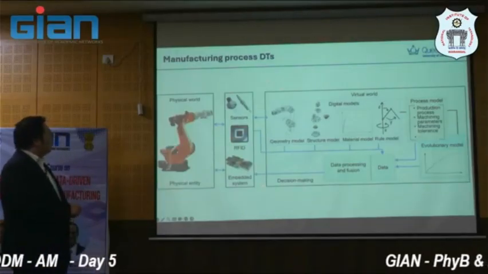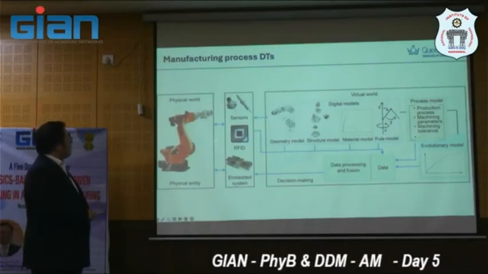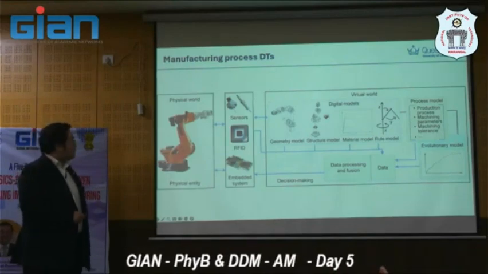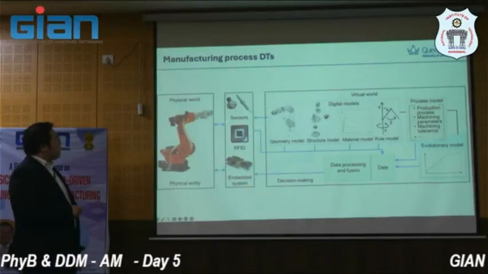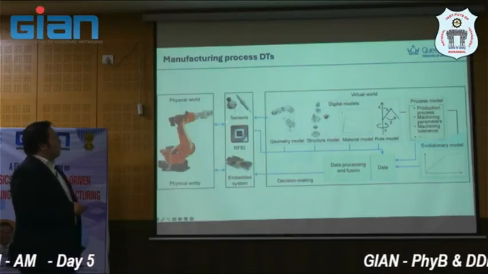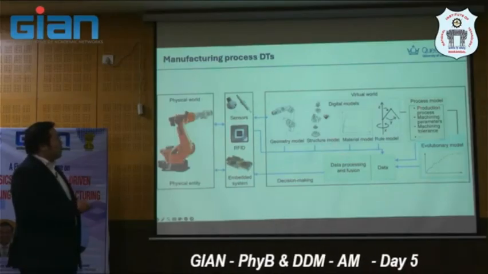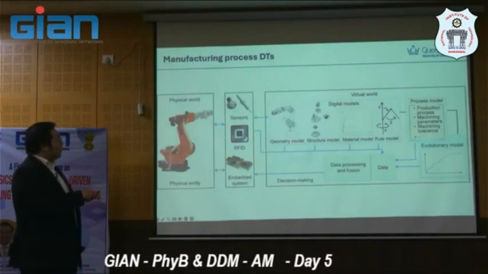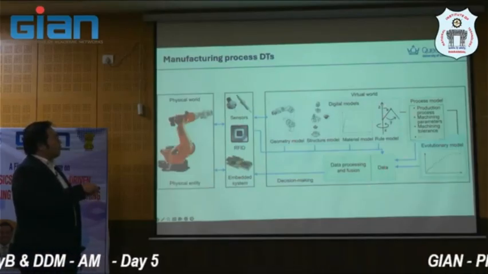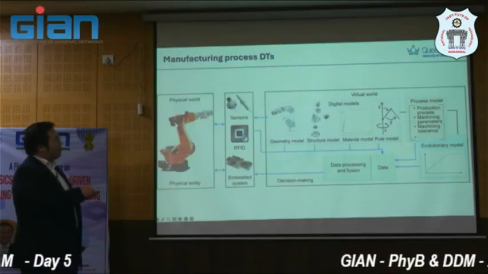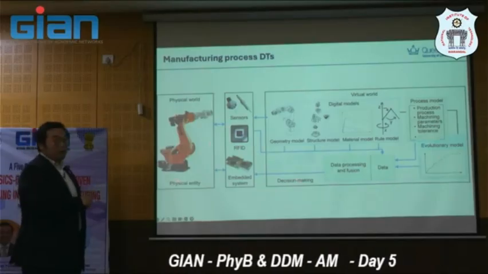Now this is a bit closer, narrowing down to robotics and additive manufacturing, like arc welding, for example. You may implement some sensors and a digital model here, and the material model is so important, and rule models. This is something that we feed the data into, so that we can get some production or machine tolerance, and feed back into decision making for the physical entity.